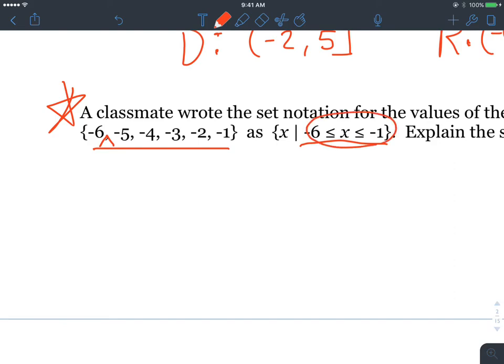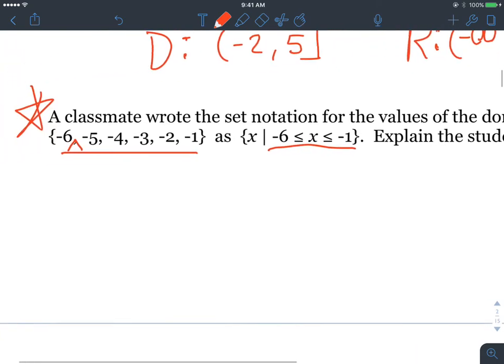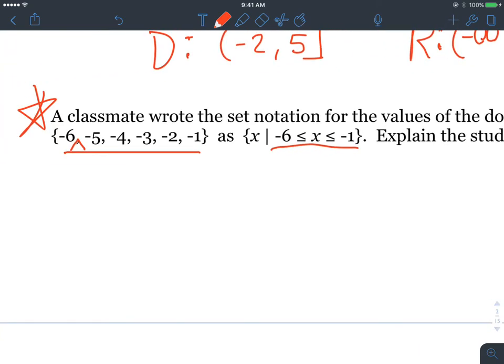But when you write something in set notation like this, we're assuming all values in between negative 1 and negative 6, so all the decimals and all the fractions. We don't have something like negative 5.5 here. So since we don't have that, we can't just say it's between these two points.